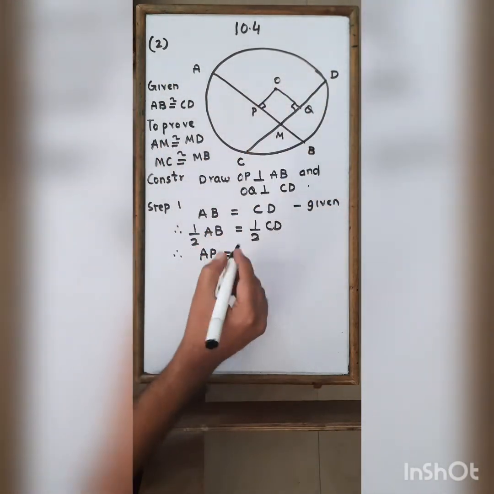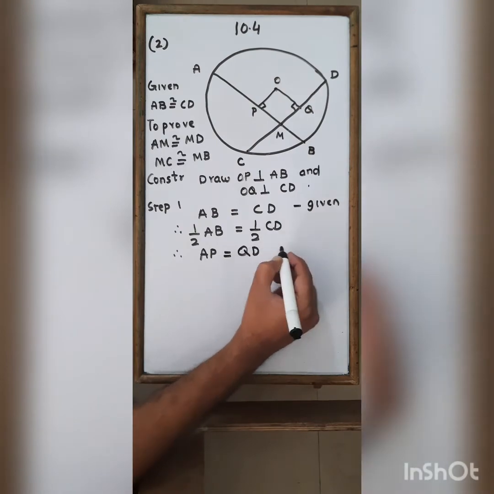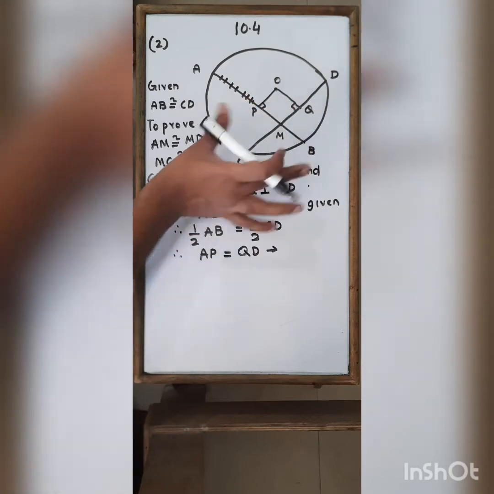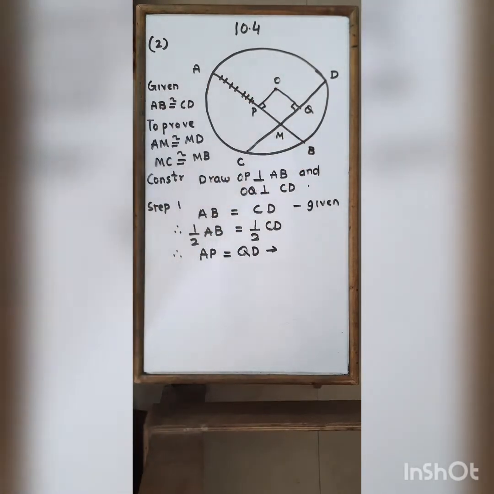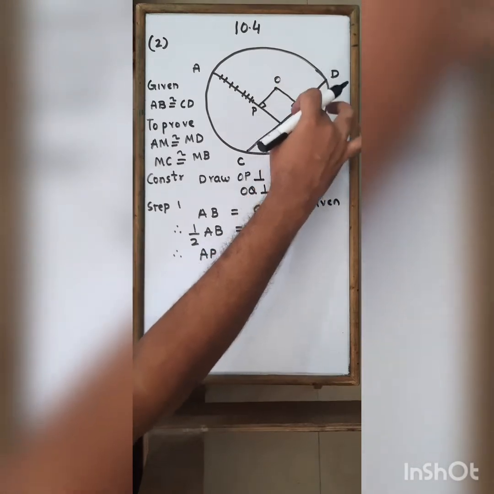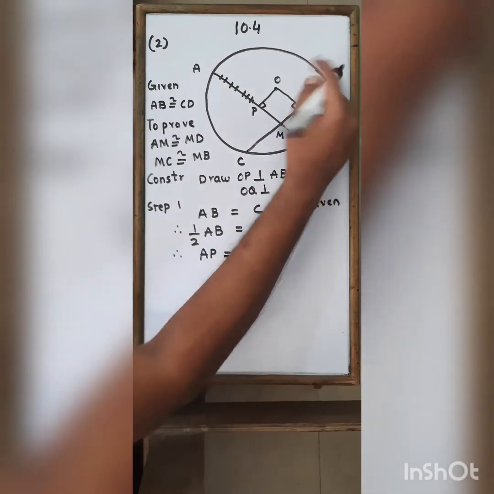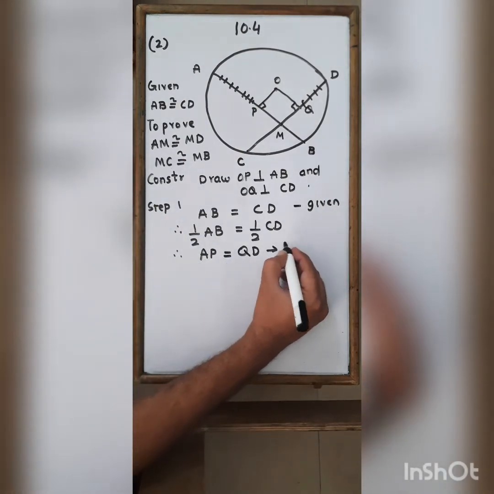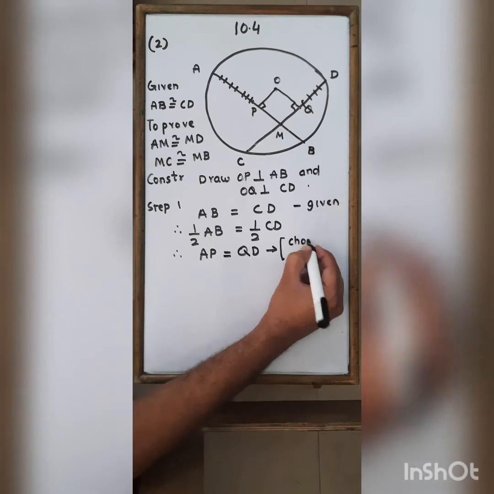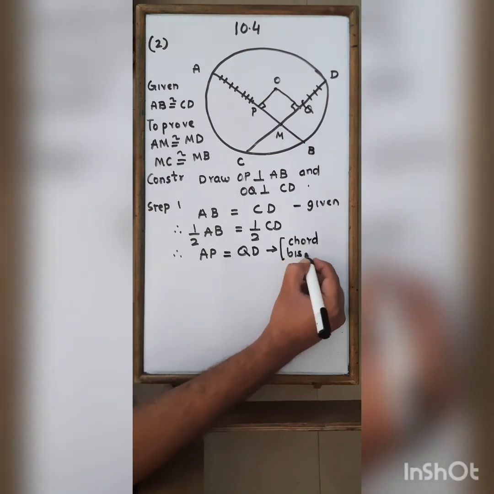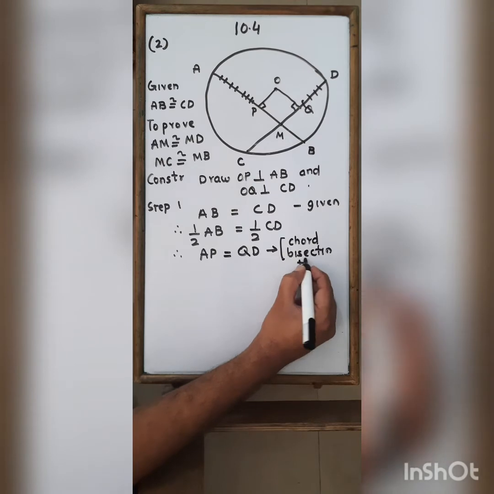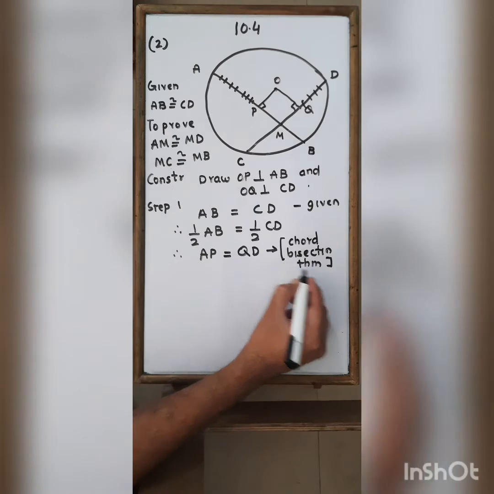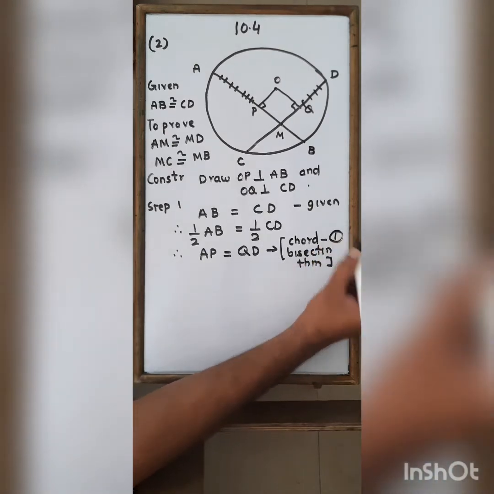The reason is, this AP is half of AB because of the chord bisection theorem, and here this is 90 degrees. You can write the statement: perpendicular drawn from the center to the chord bisects the chord. So write this as equation 1.